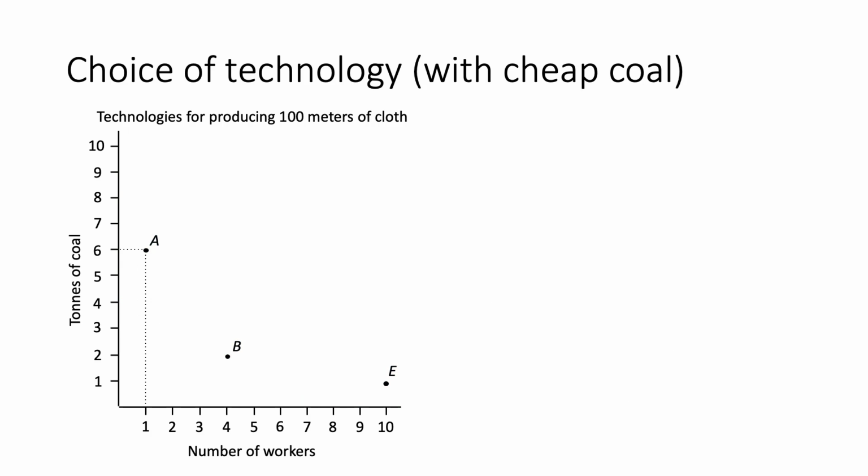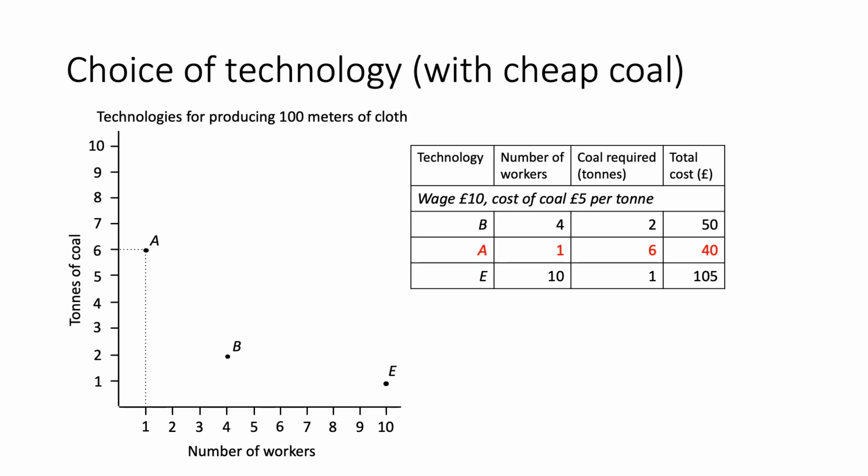Now let's take a look at an example when coal is cheap. So here we can see that the wage rate is still £10, but the cost of coal per ton is now only £5. And so we can see technology A here is highlighted in red. So we'll utilize this example. Using the same calculation, we'll take that wage rate of 10 times the number of workers, 1.